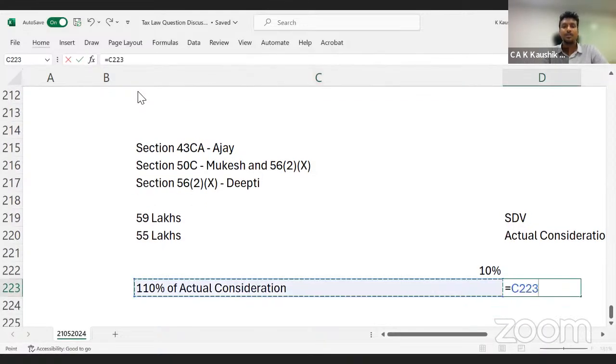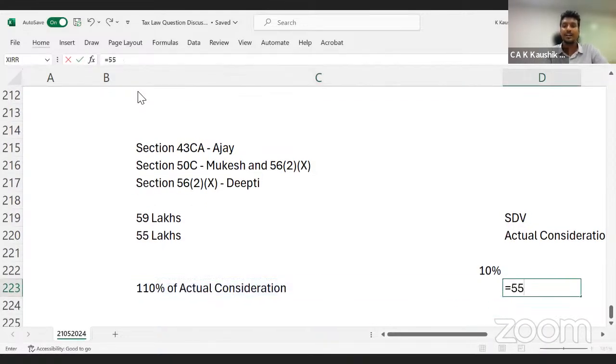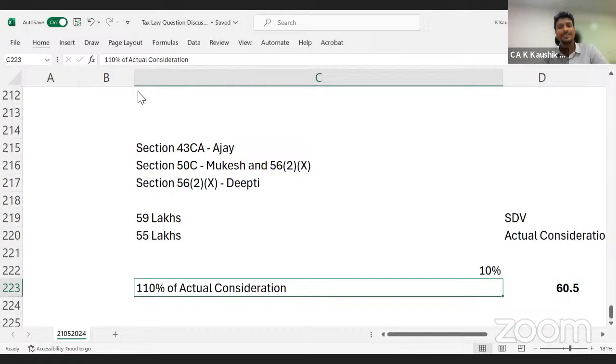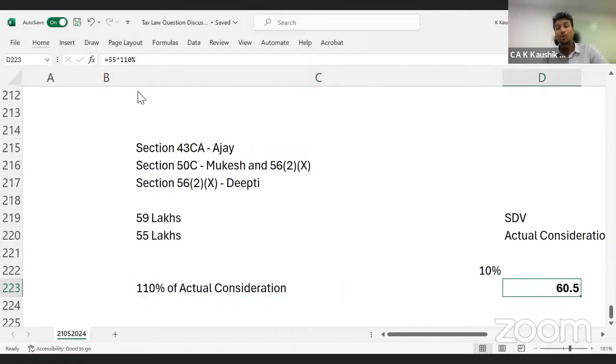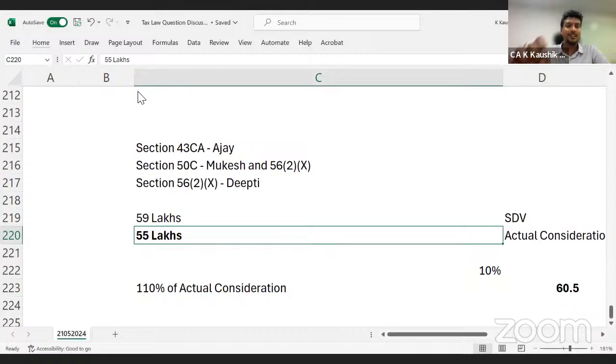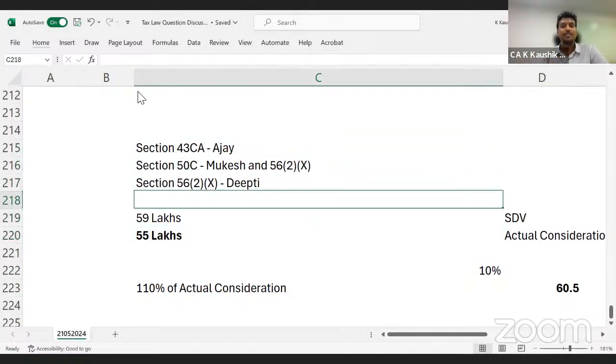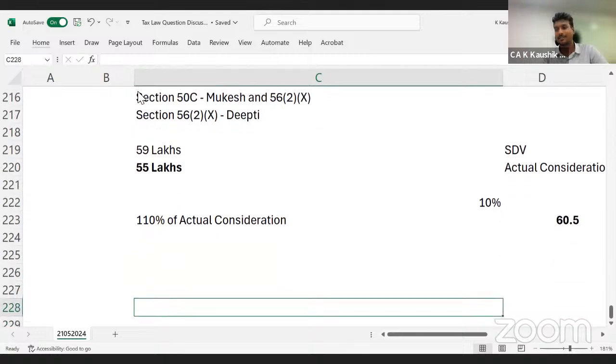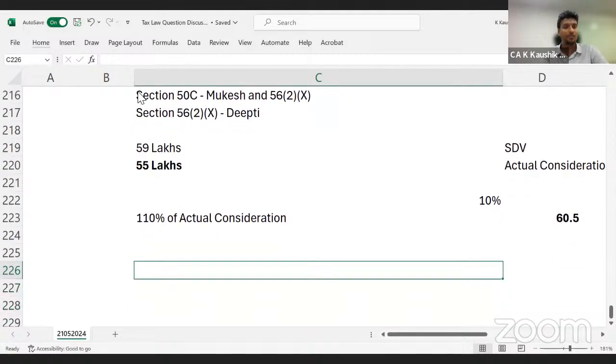What is 110% of actual sale consideration? 55 lakhs into 110% is 60.5. So if the stamp duty value is more than 60.5, then you will consider the stamp duty value as the assessable value. Now, in this case, since the stamp duty value is less than 110% of actual consideration, actual sale consideration will be considered as the business income. So for Ajay, business income will be 55 lakhs.